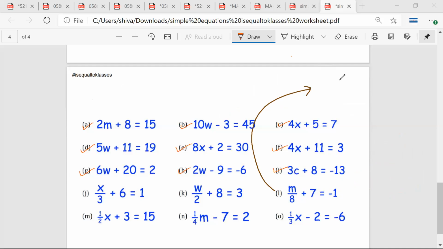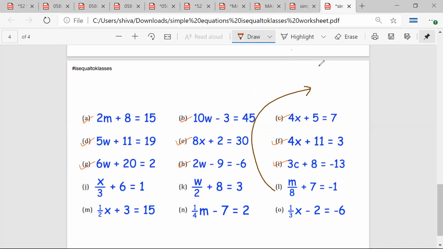Mr. Satya, what should I do here? I did m upon 8 equals minus 1 minus 7.